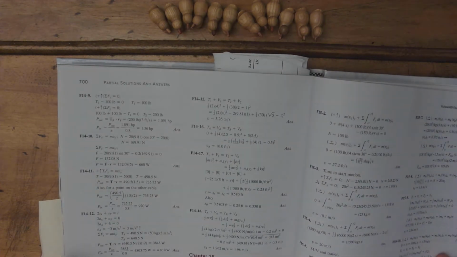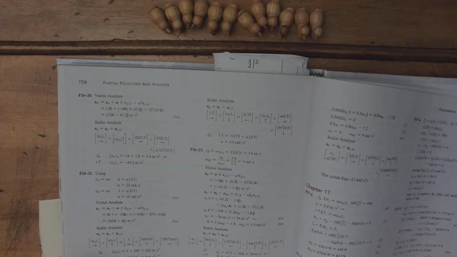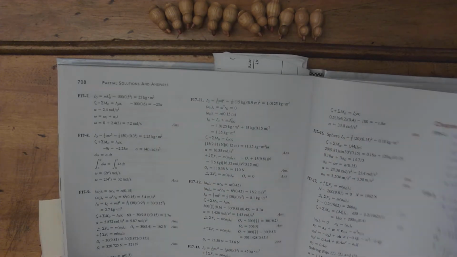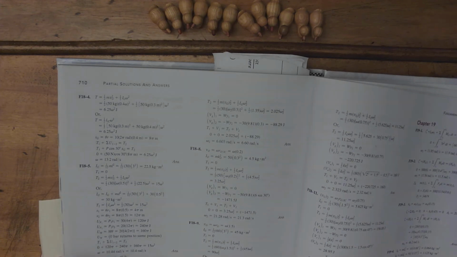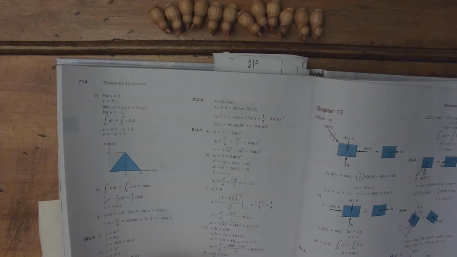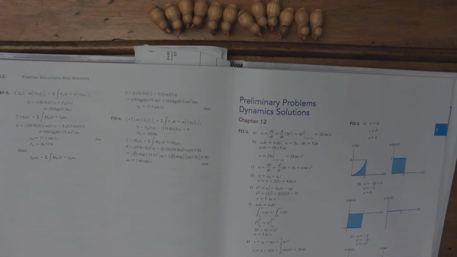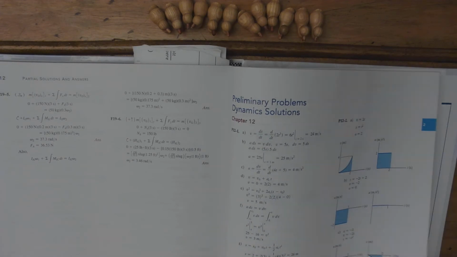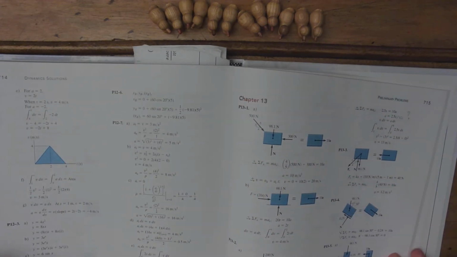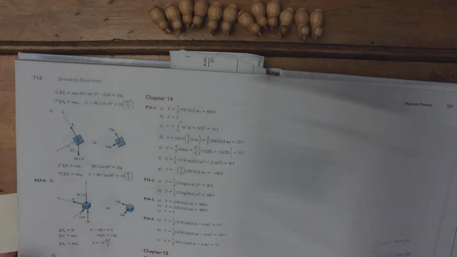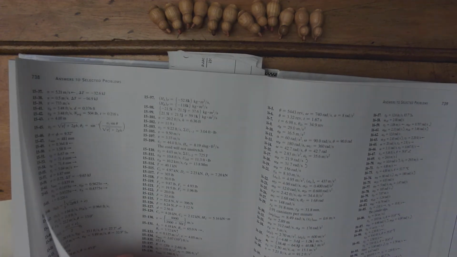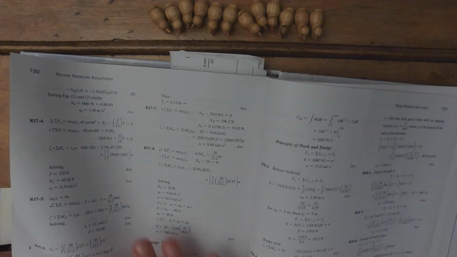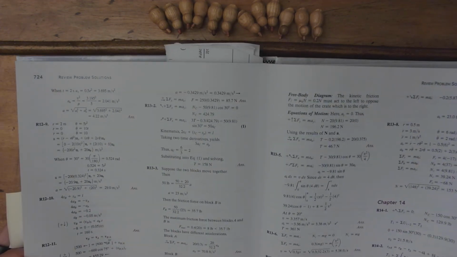And then after fundamental problems, we have something similar for preliminary problems. Again, these are only in the 14th edition. I'm not assigning them as homework, but you might find them useful as a helpful warm-up when we start a new section. Okay, and then after the preliminary problems, we have solutions to review problems.